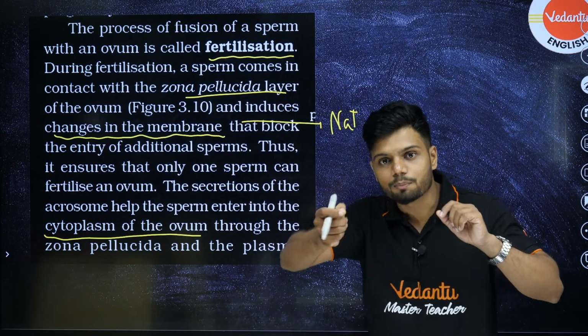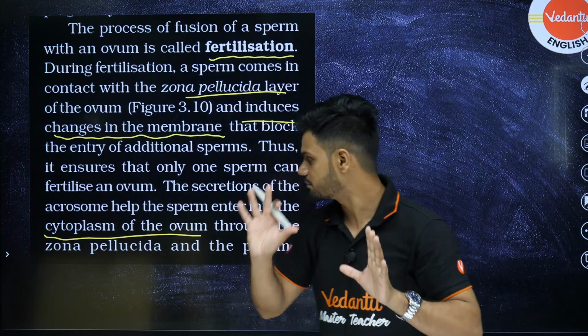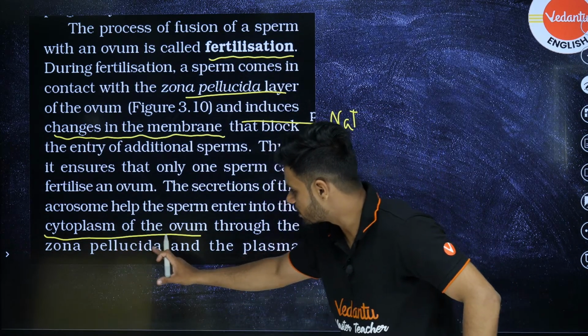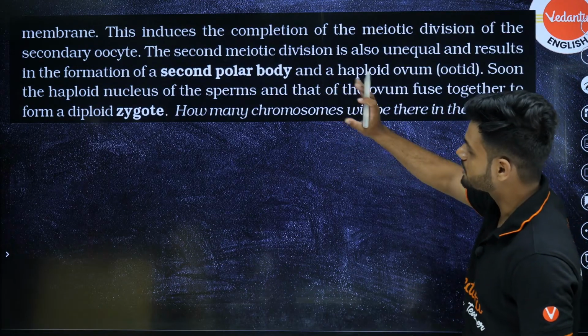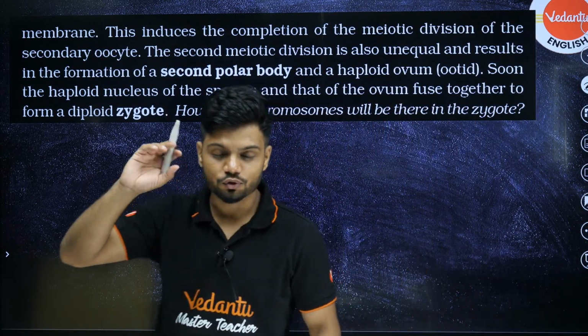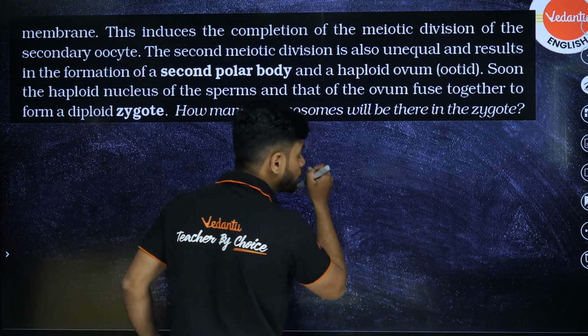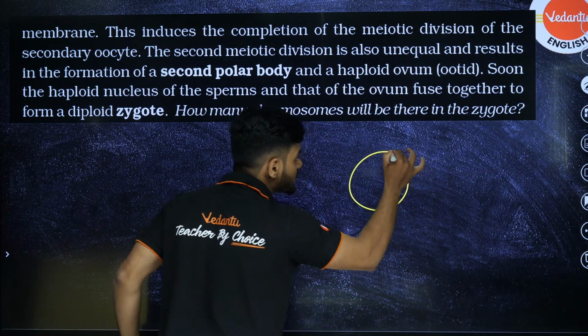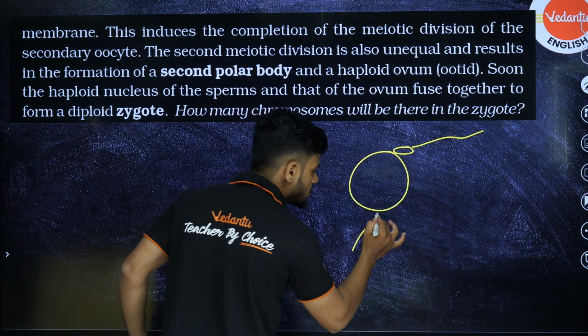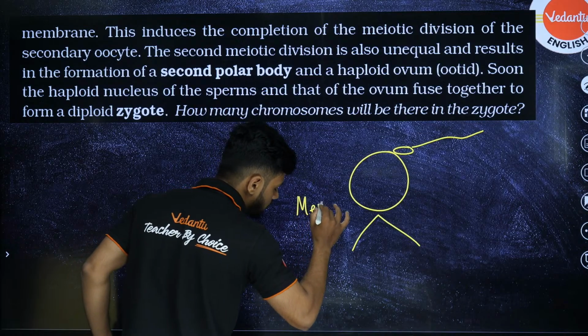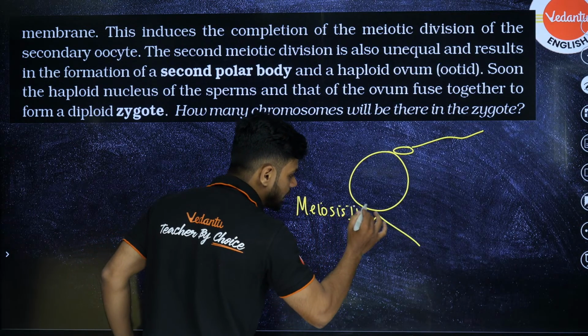Once it enters the cytoplasm, there is a fusion of nuclei through the zona pellucida layer and the plasma membrane. This induces, as I told you in oogenesis, once the sperm comes in contact with the egg, meiosis 2 is finally completed.